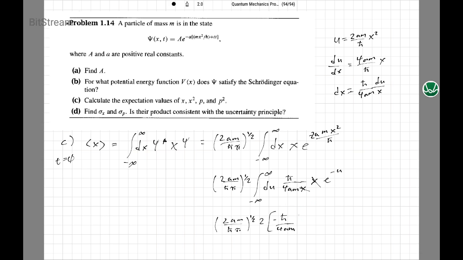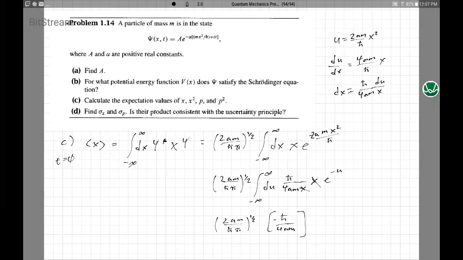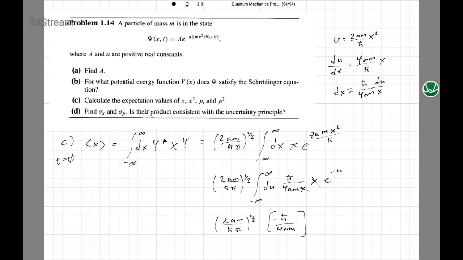So I just get that guy minus 0. Then we have to do our integral from negative infinity to 0, and we get another constant out there. We end up getting this guy again, because then we flipped our signs.